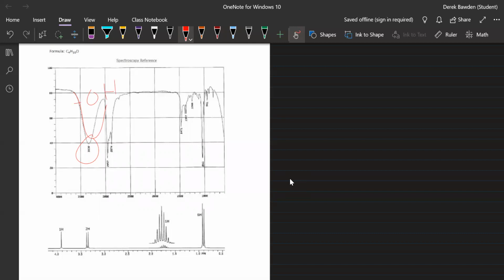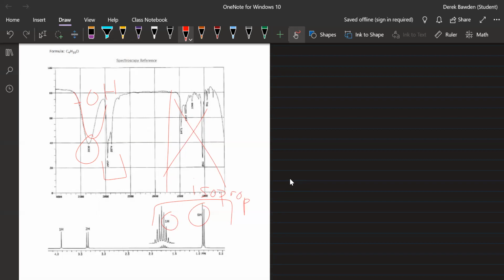Okay, we have our sp3 CHs here, and then everything else is footprint. Okay. Down here we have 1 hydrogen multiplet and a 6 hydrogen doublet. What does that tell us? Iso, perfect, isopropyl.